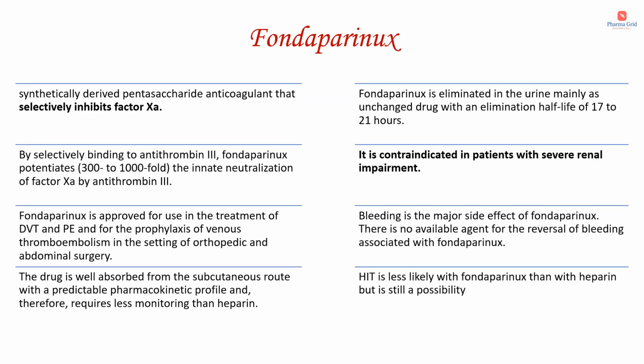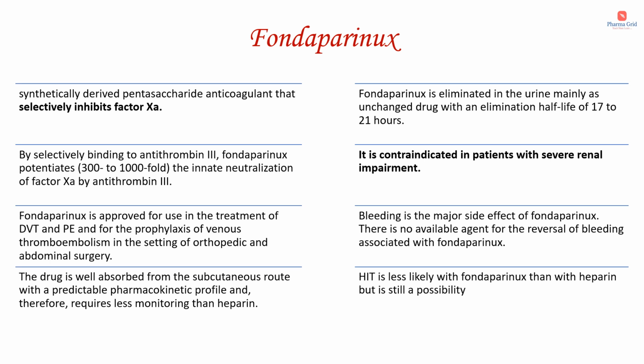Okay, so the next drug is Fondaparinux. It is a synthetically derived pentasaccharide anticoagulant that selectively inhibits factor 10A. By selectively binding to antithrombin 3, Fondaparinux potentiates, in the sense of 300 to 1000 fold, the innate neutralization of factor 10A by antithrombin 3. So the mechanism of action of Fondaparinux is that it is a selective inhibitor of factor 10A.